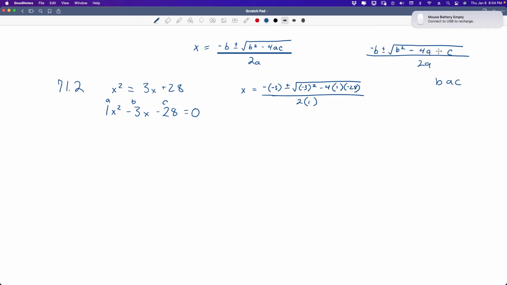All right? That helps me. It might not help you, but if I line it up in my head, I can see which variables go with what, and it works out. I got the B's in the front, A's in the middle, C on the end. All right, so whatever you need to do to help you remember that, do that.